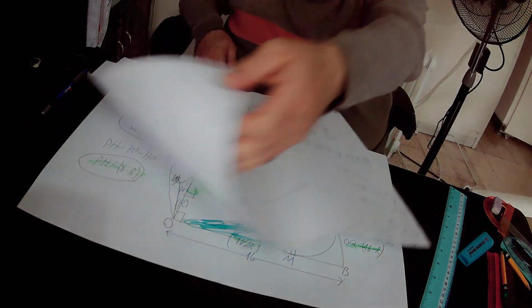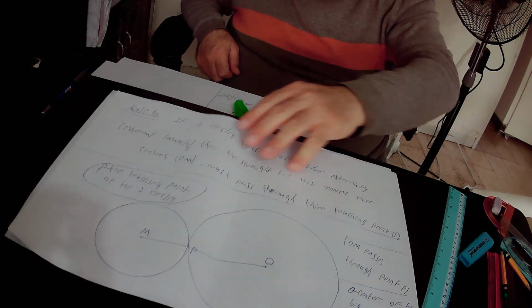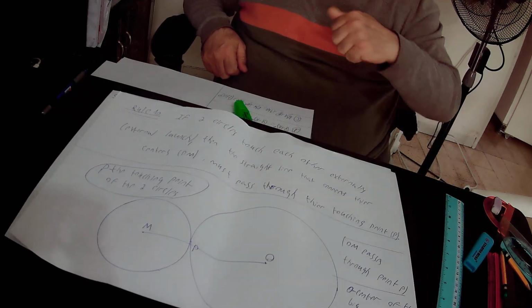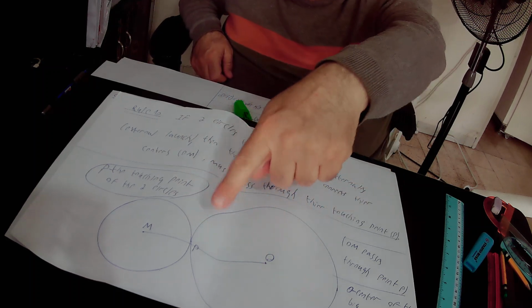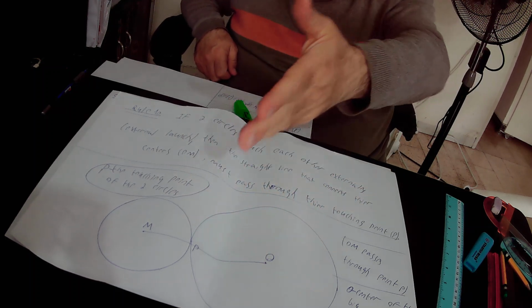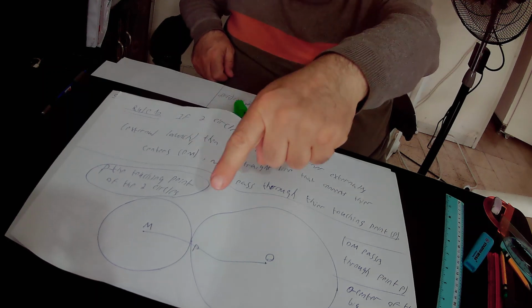Let me repeat rule 10 quickly. According to rule 10, if two circles touch each other externally, here this small circle touches the big circle at point P, that is to say, they are touching each other externally at point P.